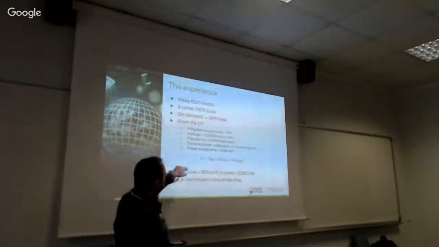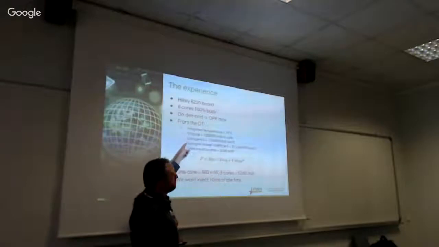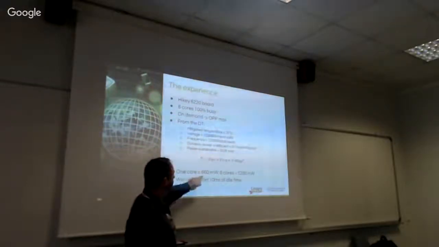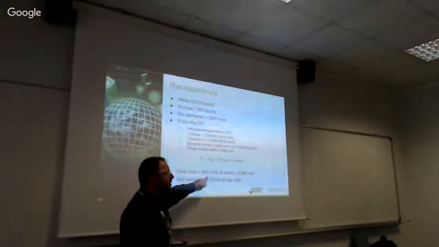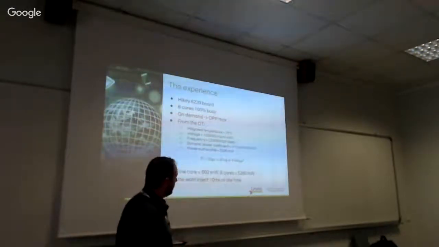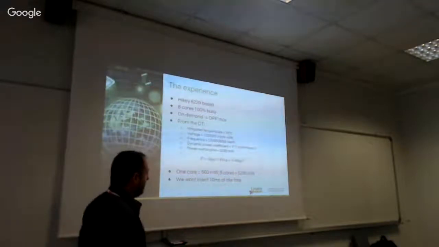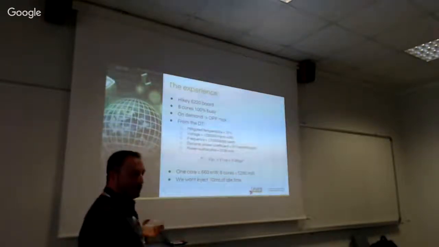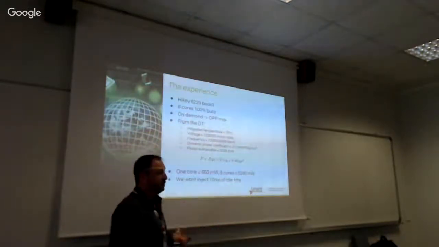If we compute with this equation using all the information we have in the DT, for one core we have 660 milliwatts. For the 8 cores, we have 5,280 milliwatts. And we decide to inject 10 milliseconds of idle time.